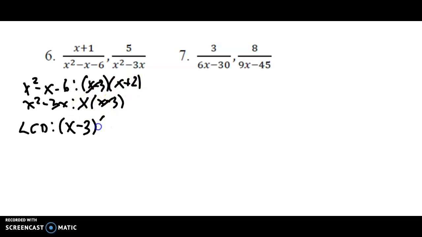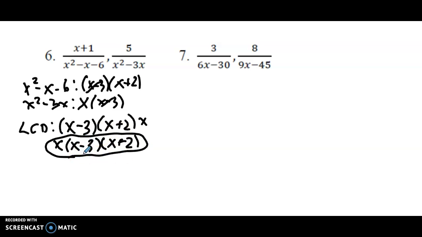So x plus 2 will be part of the LCD. And a singular x, or a monomial of x, will be part of the LCD. I like to write it to have my singular monomial term first. So I'm going to do x, parenthesis, x minus 3, and x plus 2. And again, that's my LCD.